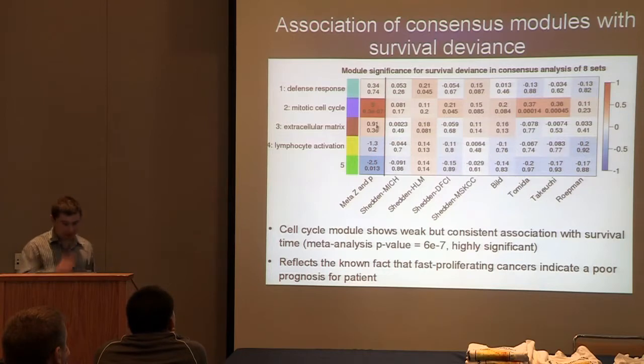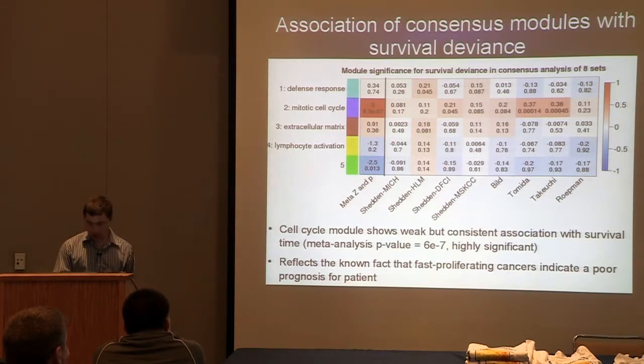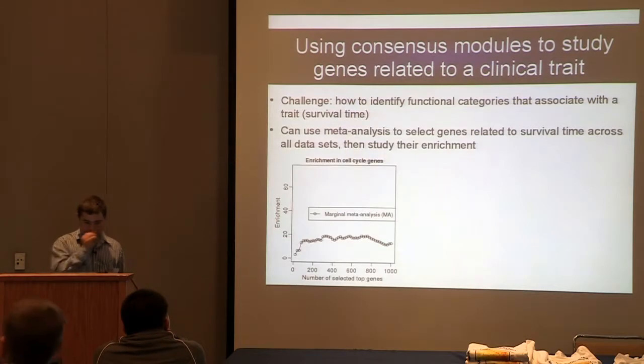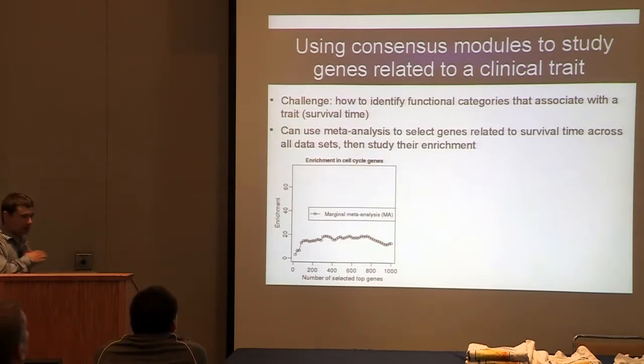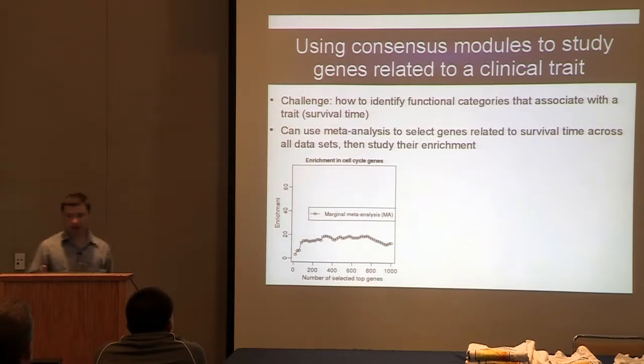Okay, so at this point, we have a module that relates significantly to survival time, so that's great, but what can we do more with it? The challenge across these 8 data sets is to pick genes, is to pick biomarkers, if nothing else, for survival time. The other challenge is to identify functional categories that associate with survival time.